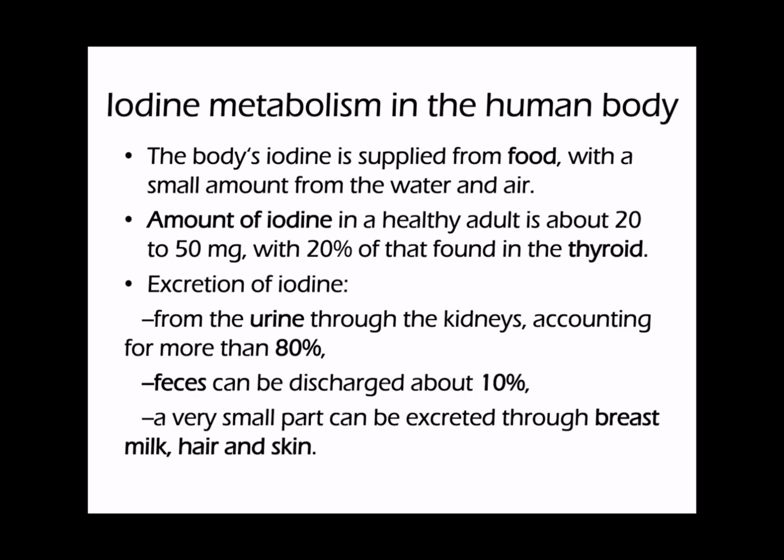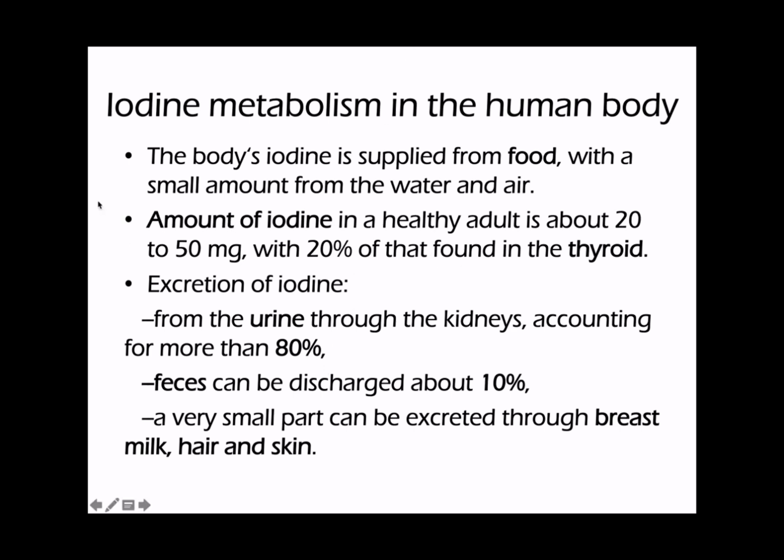Moreover, iodine metabolism in the human body is shown as follows. So basically, the body's iodine is supplied from food, with a very small amount from water and air. So if someone lacks iodine, that's mainly because they didn't eat enough food containing iodine.